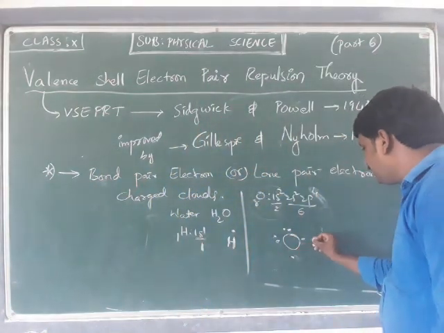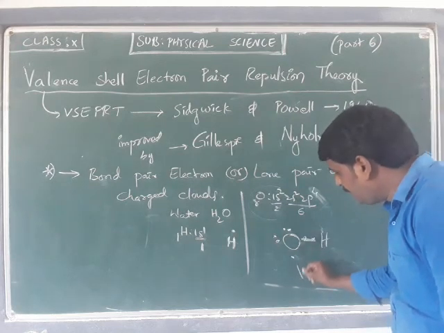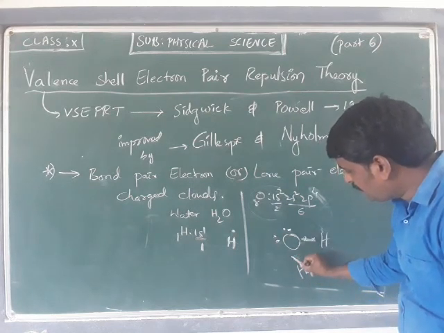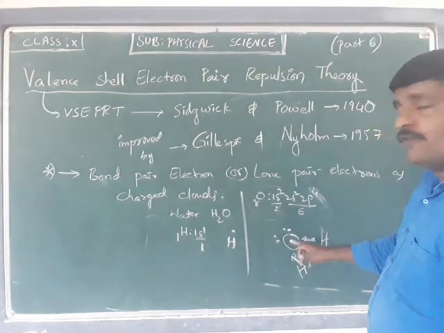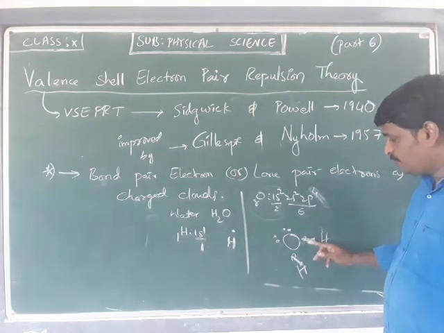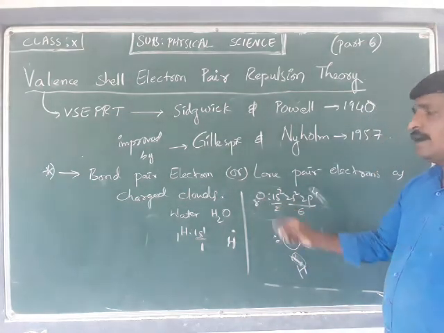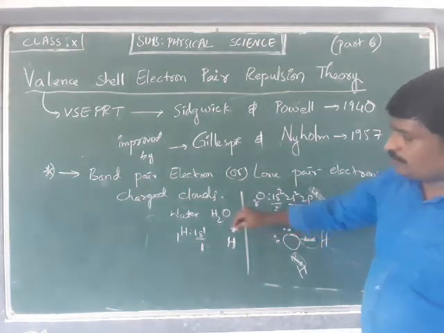The electron of each hydrogen is mutually shared, where the central atom possesses 1, 2, 3, 4, 5, 6, 7, 8. These are mutually shared and we have a bond, forming the water molecule, H2O.